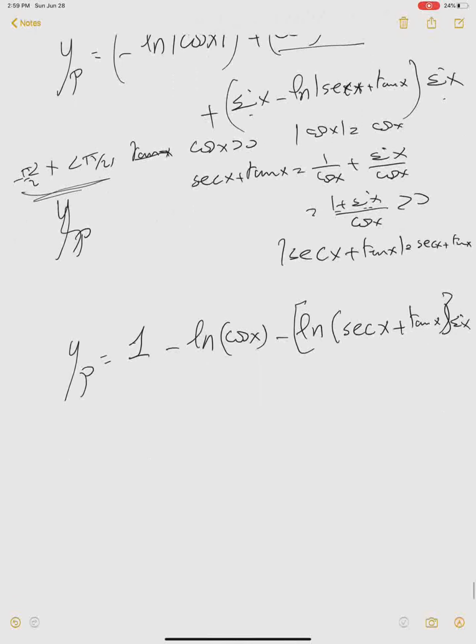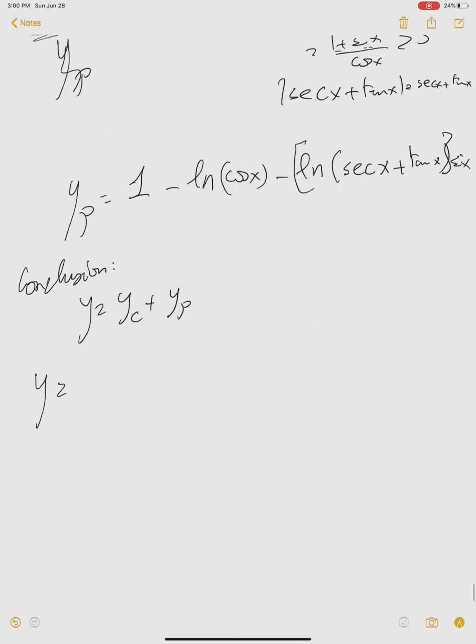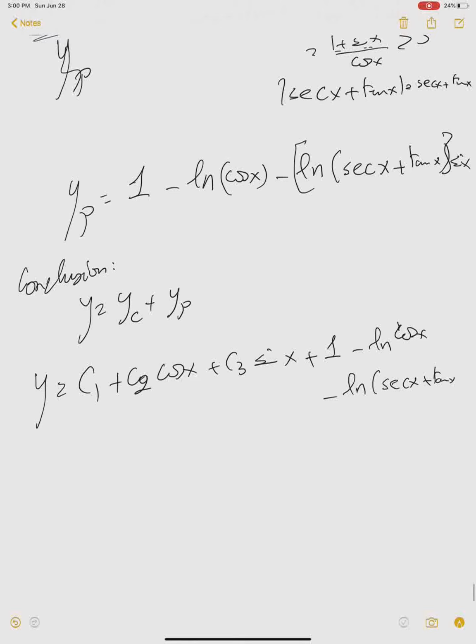Okay, and then conclusion, y is equal to y sub c plus y sub p. So y is equal to c sub 1 plus c2 cosine x plus c3 sine x plus 1 minus log cosine x minus log secant x plus tan x, times sine x.